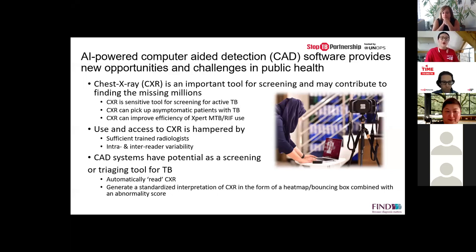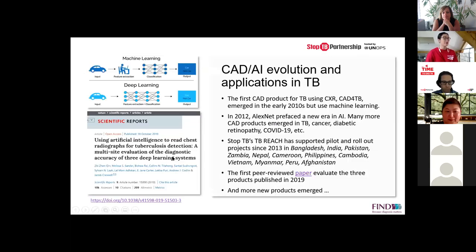And this is where we see that an AI-powered CAD system can have huge potential in the use case of screening and triage for TB. I will give you a little bit of background on CAD evolution in the TB space.